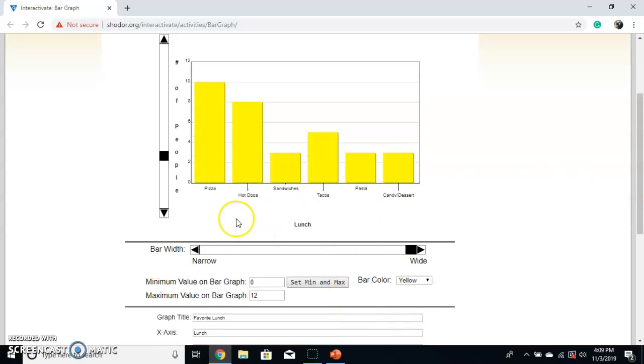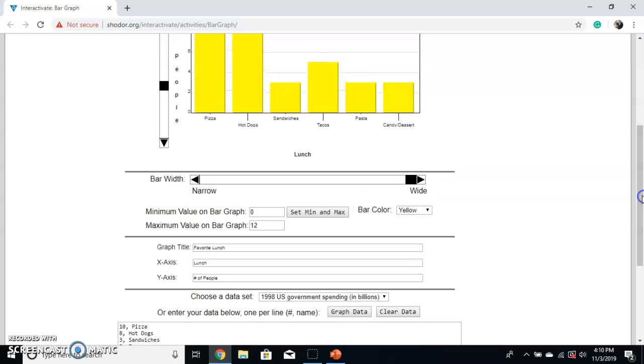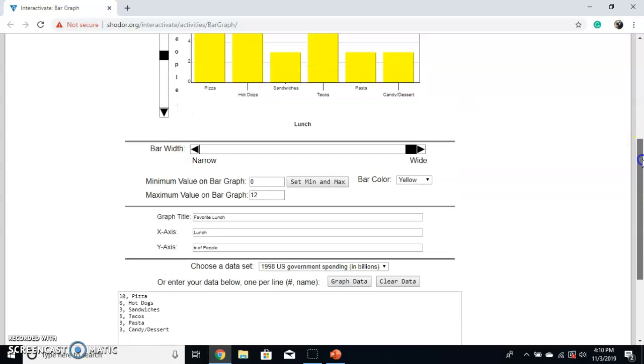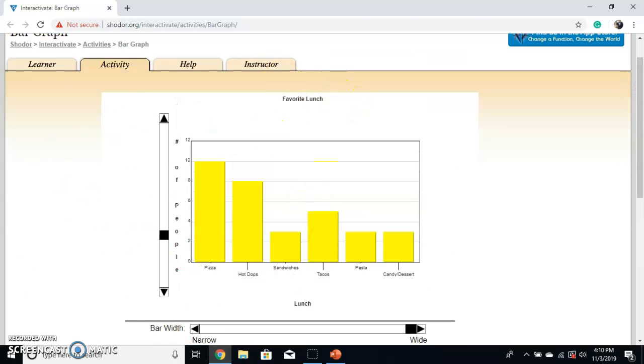So right here you see 10 people liked pizza. 8 people liked hot dogs. 3 people like sandwiches. 5 people like tacos. So do you see how you could visually see the data?